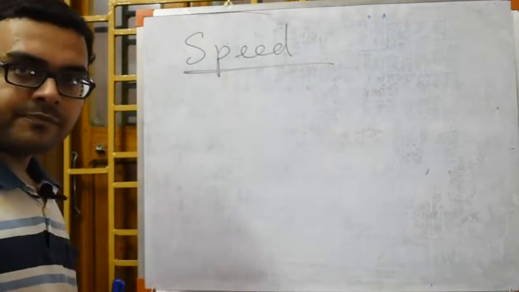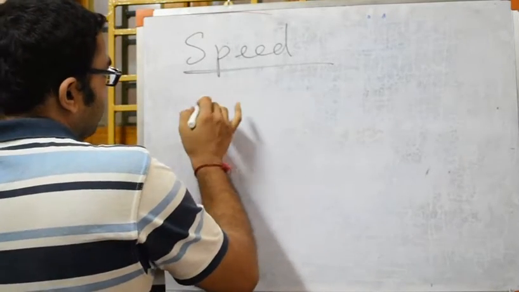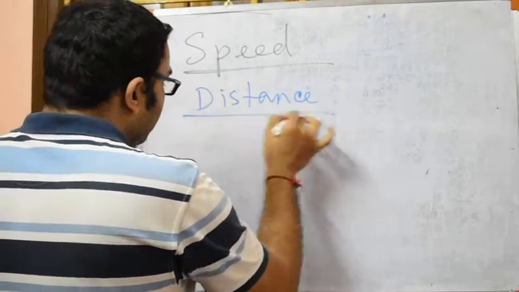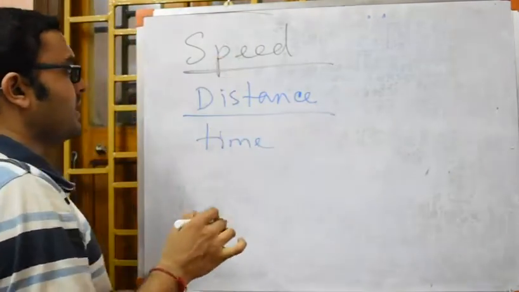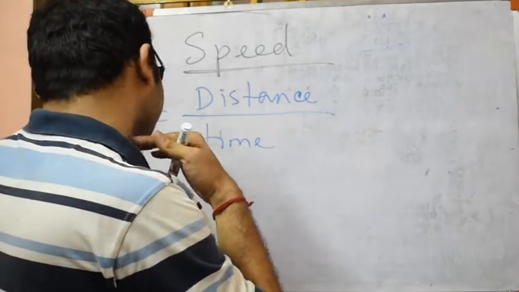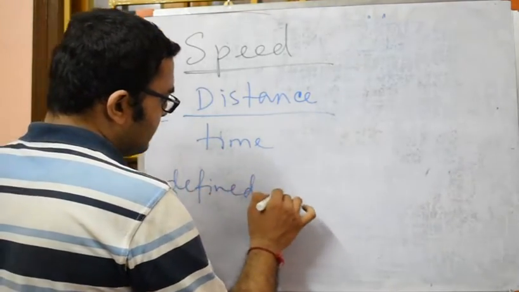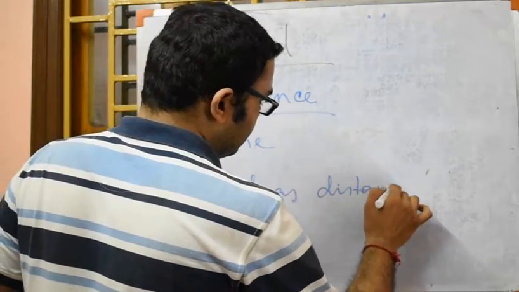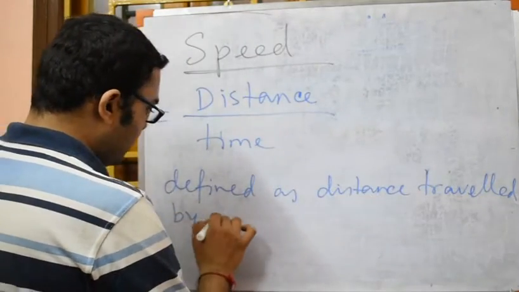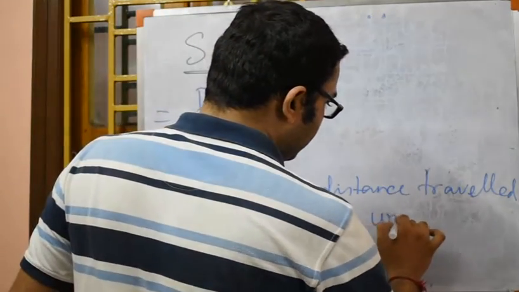Mathematically, it is the distance traveled by an object divided by the time taken to travel that distance. So speed is defined as the distance traveled by an object in unit time.